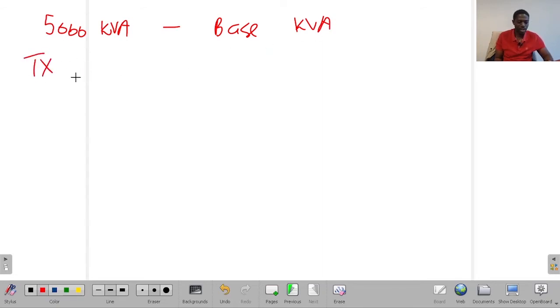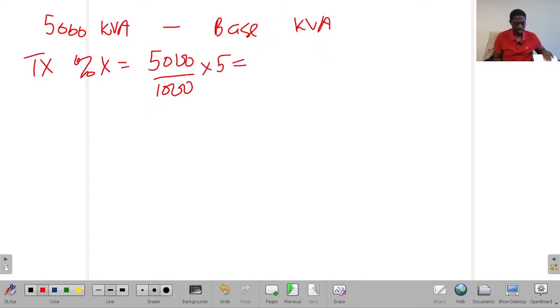The transformer reactance, so that is the percentage reactance at base KVA, is going to be 5000 over the transformer rating of 1000 multiplied by its percentage, and this gives us a value of 25%.